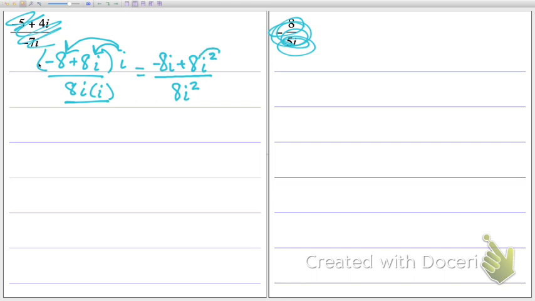So what does this i squared do to this 8? Make it negative, right? What's this i squared do to it? Make it negative. So I have to bring -8 minus 8i over what? -8. And then I have to separate it, correct? So -8 divided by -8 is what?